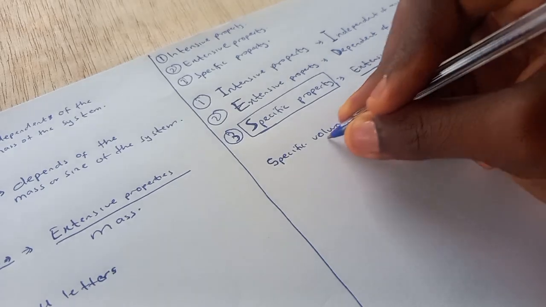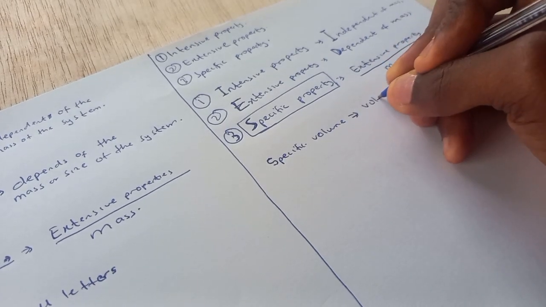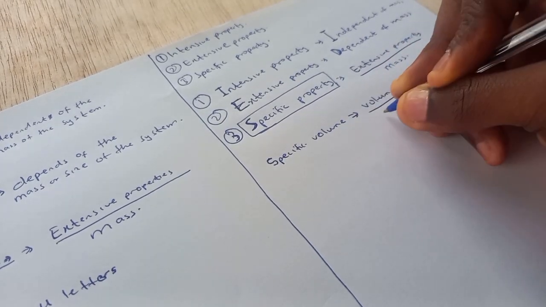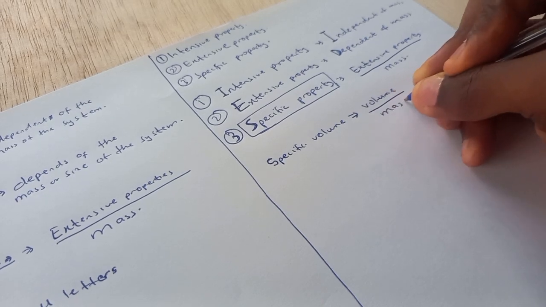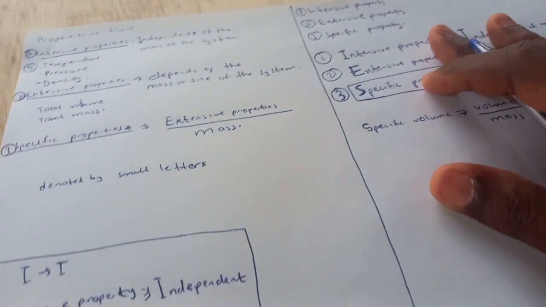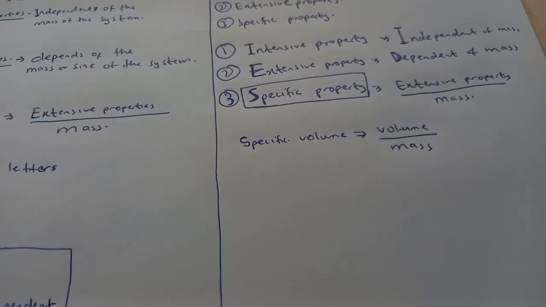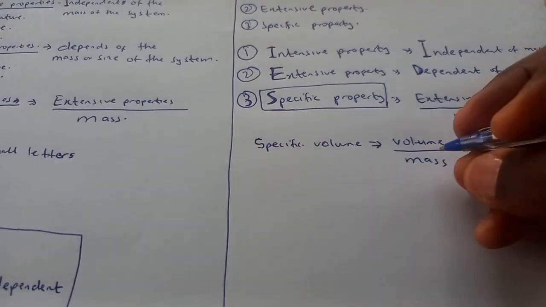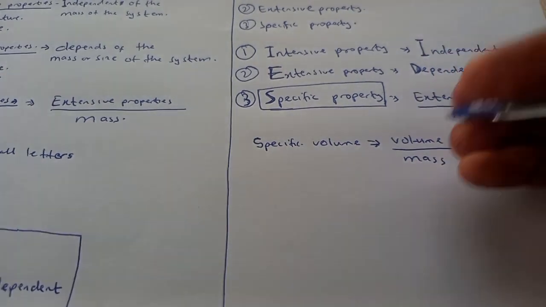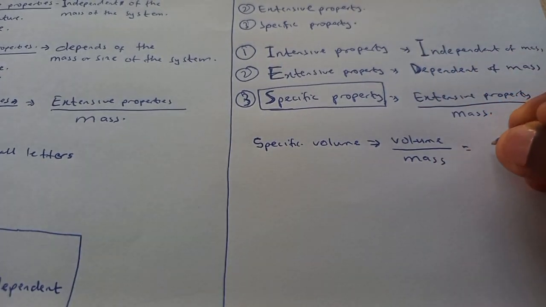Well, let's see. Specific volume is what? Volume comes here, so it's volume over what? Volume over mass. And we have this to be small v.